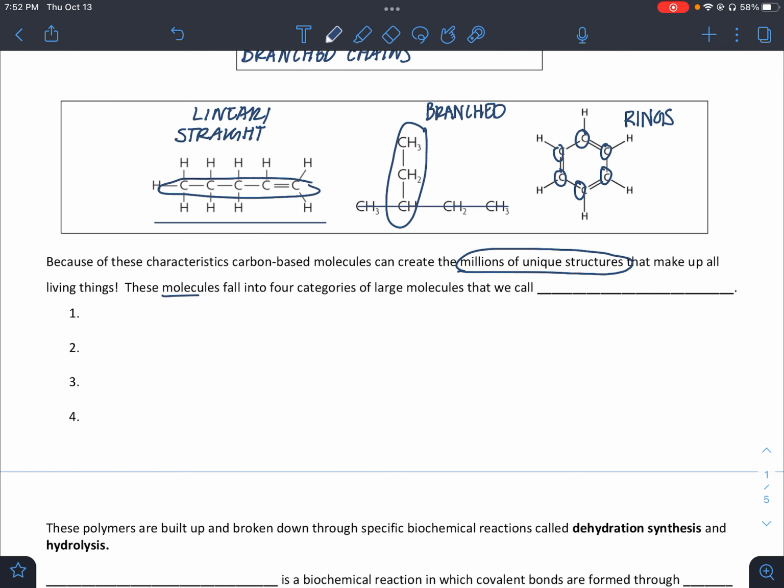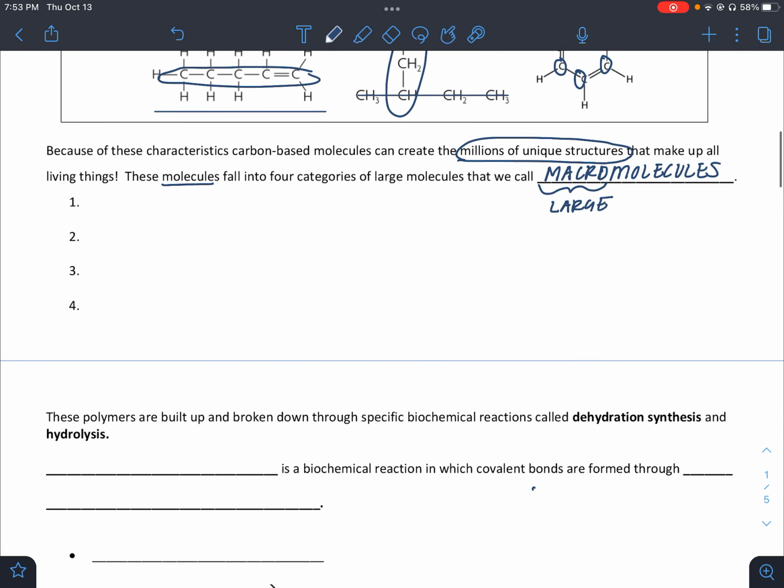These molecules made from the carbon skeleton fall into four categories that we call macromolecules. Macro means large, and we know that molecules are atoms bonded to each other covalently. So, large covalently bonded molecules. These molecules fall into four categories.